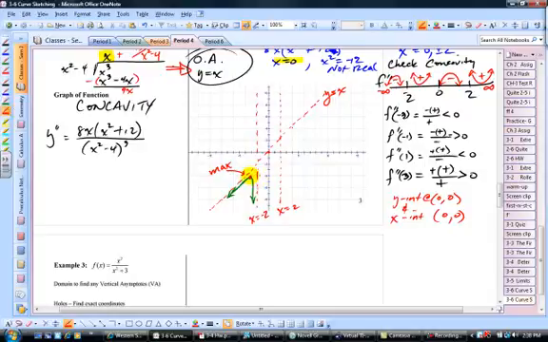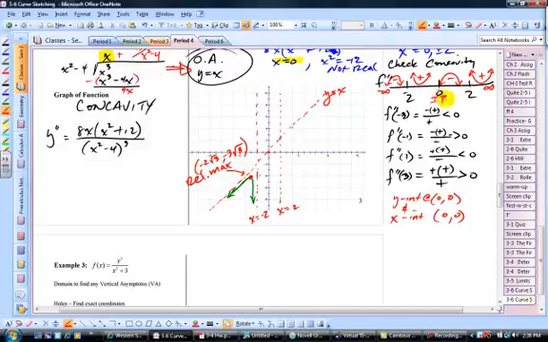And it's got to go through my max, which happens to be at (-2√3, -3√3). There's my relative max. I know it's concave down there, and it's asymptotic to the oblique and the vertical. So I use my concavity test right here to help me graph this function from -infinity to -2 in that interval.